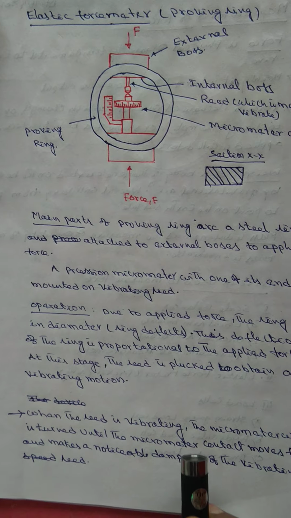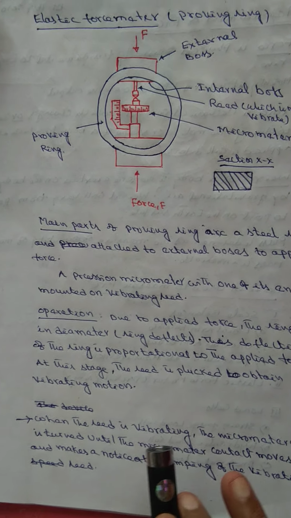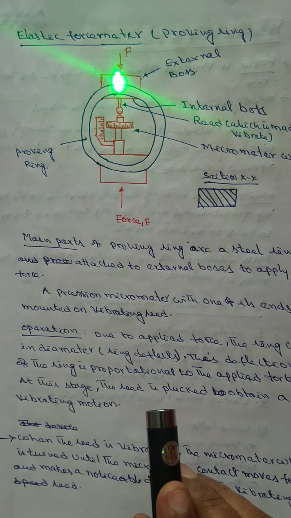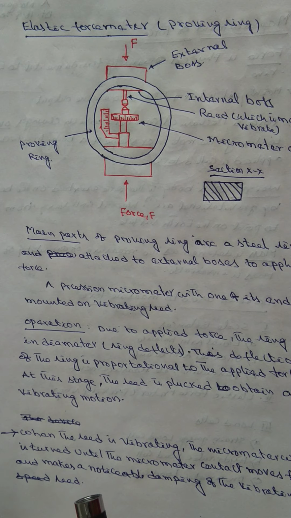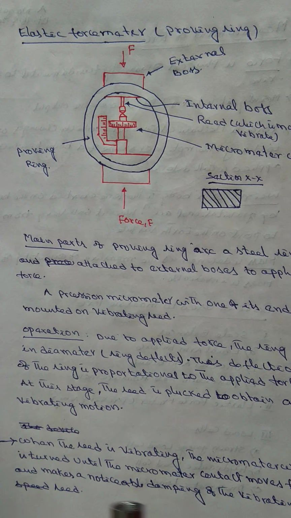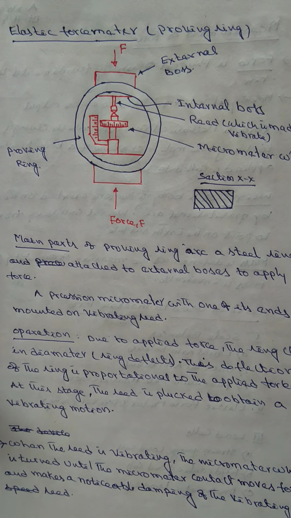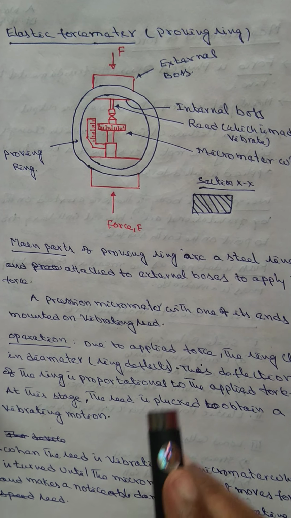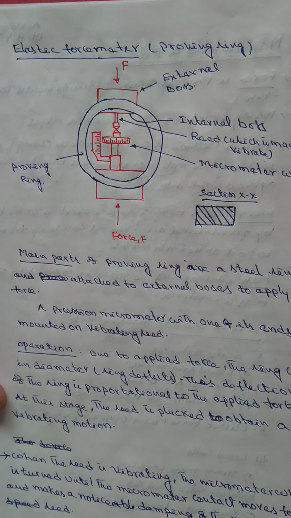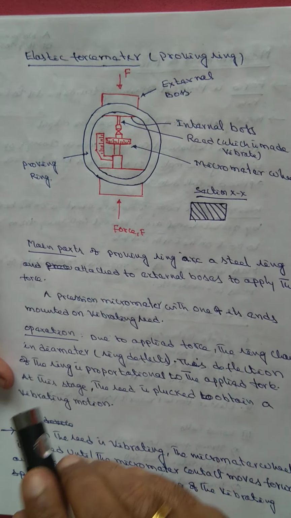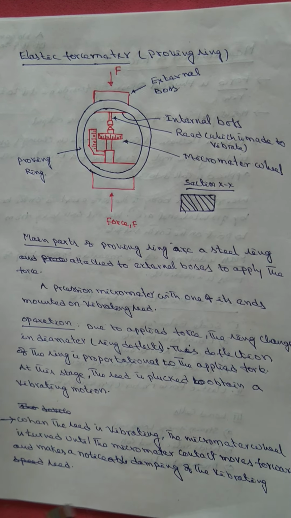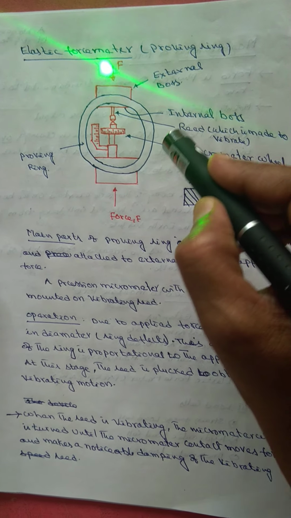What are the main parts and how does it look? Think of a regular stopwatch: whenever we press on the top, it moves the dial. In the same pattern, this elastic force meter, also called the proving ring, is arranged. Due to the applied force on the top, there are external bosses, and at the bottom internal bosses, and the ring in total. Inside the ring we arrange a scale.